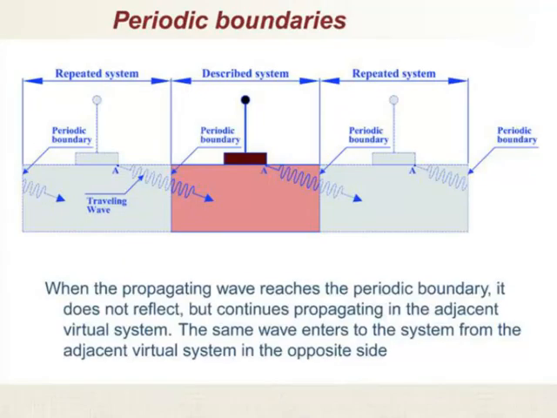The effect of these periodic boundaries is that it's like we are modeling a replicated system in the two lateral directions, a system that is repeating itself. We just take one, and the numerical tool that allows us to do so is that a wave that reaches a periodic boundary doesn't reflect back. Instead, it continues propagating in the adjacent system, and another wave enters from the other side.